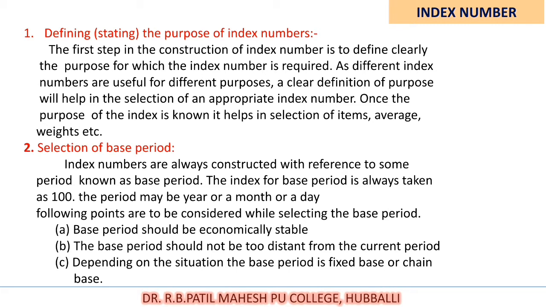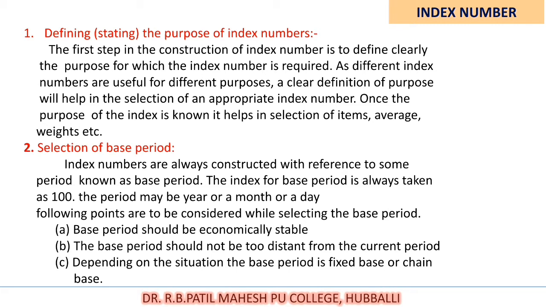Economically stable means that in that year there should not be any abnormal activities, like wars, floods, earthquakes or tsunamis. If such a base period is chosen, the comparison will not give a correct picture. That's why the period should be economically stable.